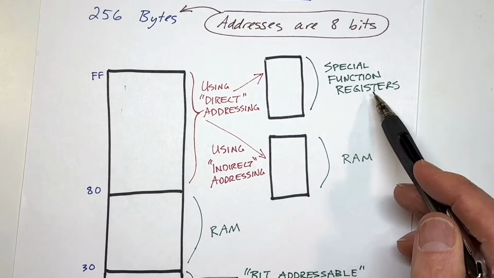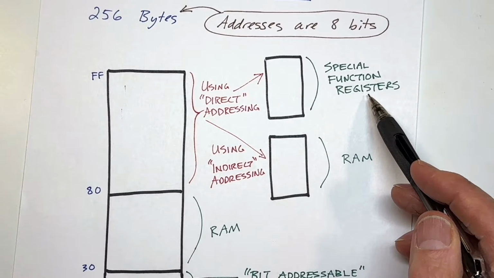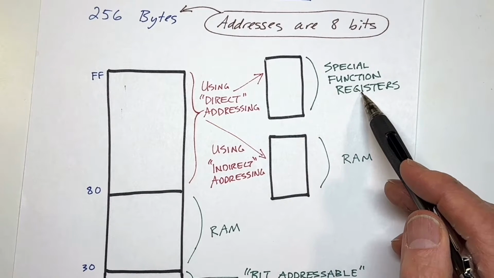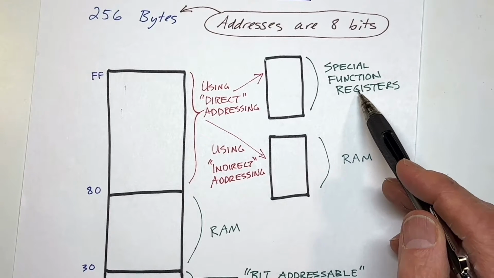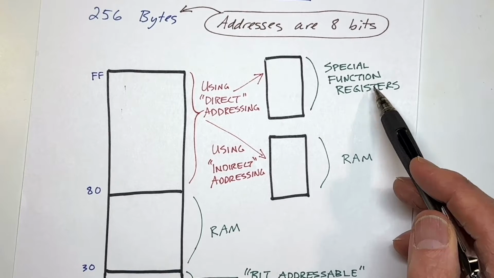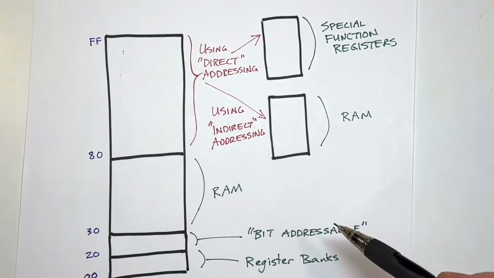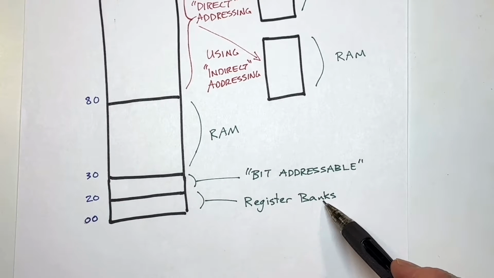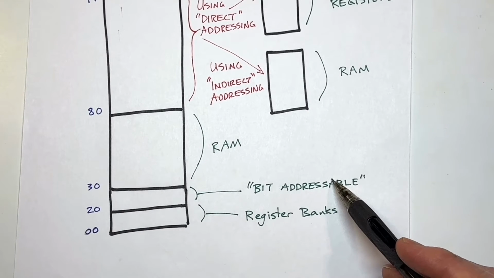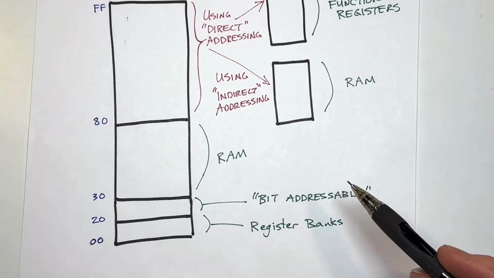These special function registers consist of things like registers related to the input-output ports, as well as some other functionality like the program status word and so on. I'll talk about these in greater detail later. I'll also talk about the register banks and the bit addressable memory in detail later.